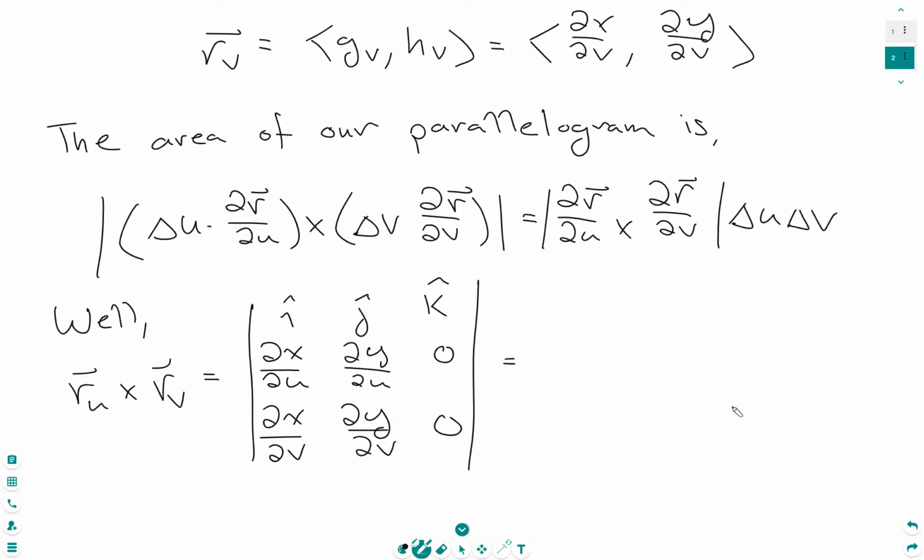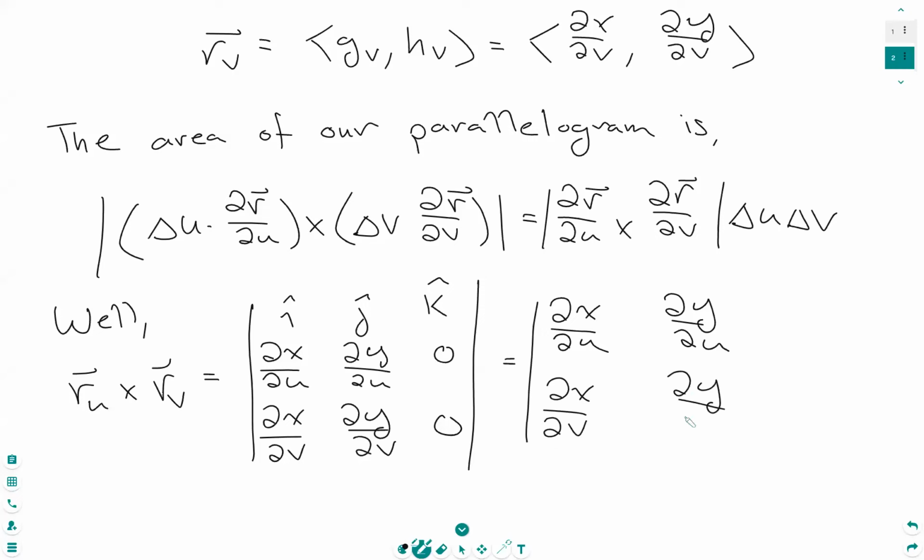So the only thing that survives is the determinant of partial x, partial u, partial y, partial u, partial x, partial v, partial y, partial v in the k hat direction.